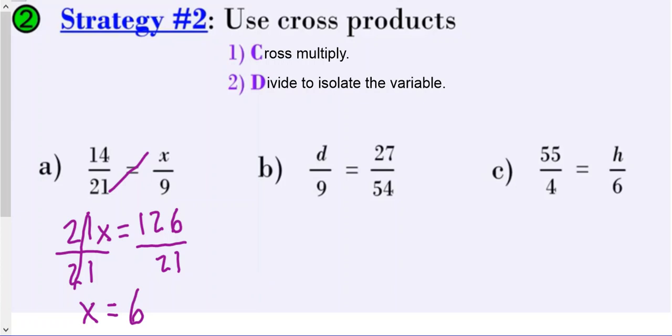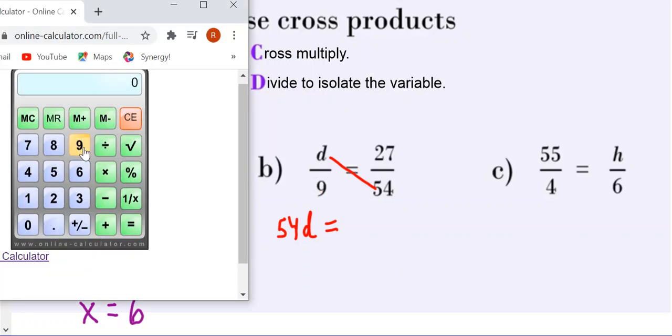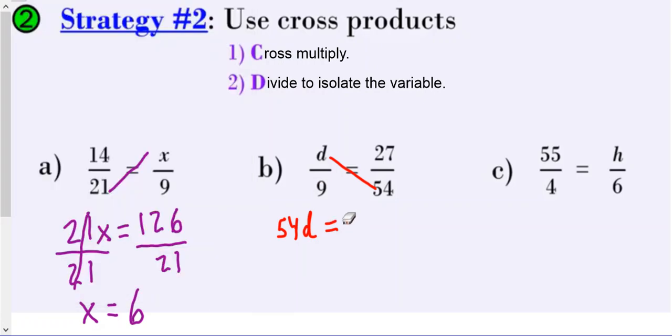Okay, you can either pause here and try B on your own, or you can watch for another example as I go through this one. Cross multiplying, we're going to start with the variable, so I'm going to multiply 54 times D, and I'll get 54D equals 9 times 27, and that is equal to 243.